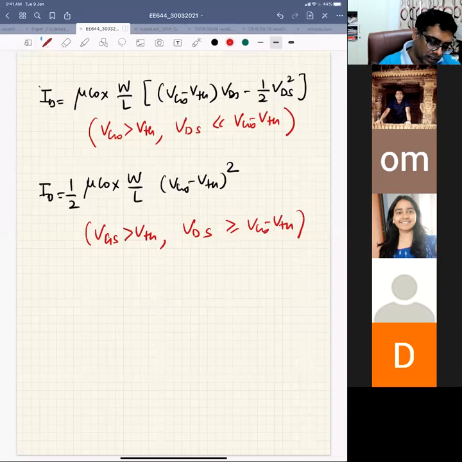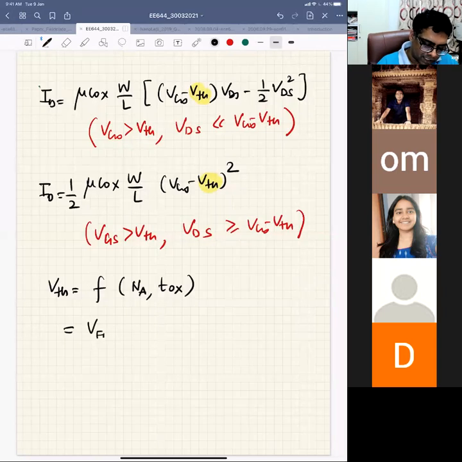You see there is a common factor here, which is the threshold voltage. The threshold voltage is a function of your Na and your Tox. If I write down the threshold voltage, we know that it is the flat band voltage plus 2 psi b, plus 1 by Cox times the square root of 2 epsilon Si q Na times 2 psi b.